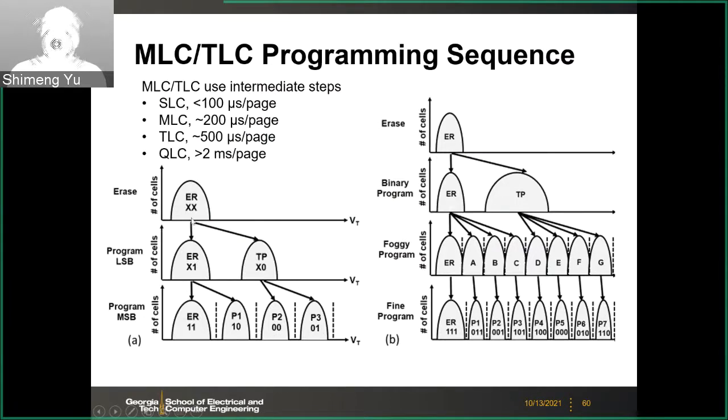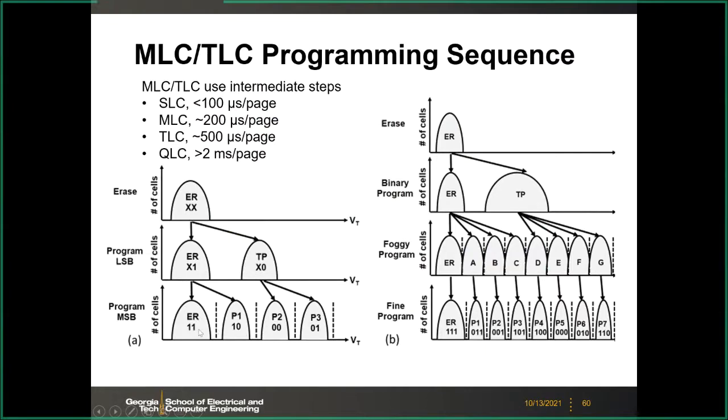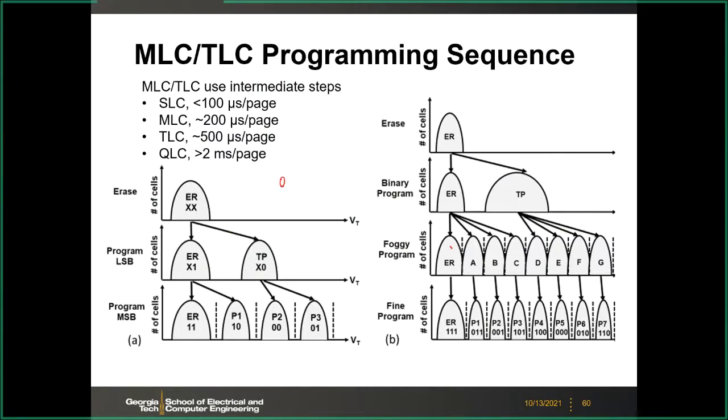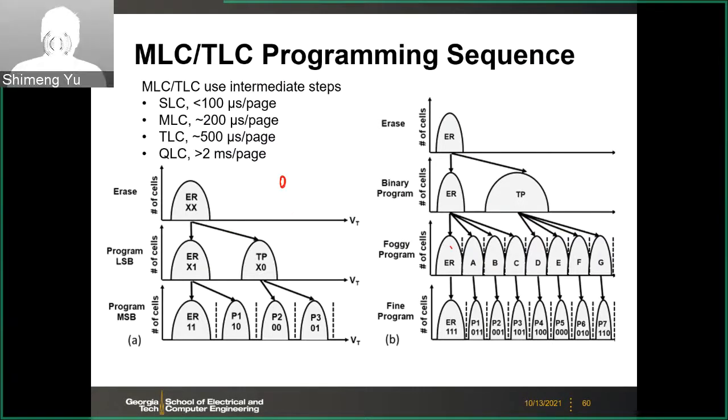You don't need to jump from the erased state all the way to the final pattern at one time. What you can do is program into an intermediate step, and then check your data pattern, the first bit, the MSB.